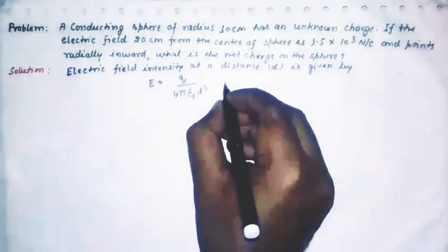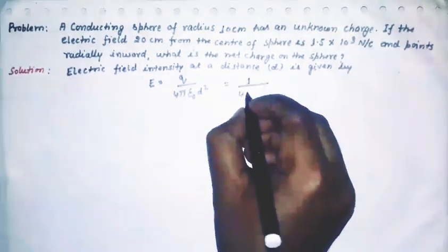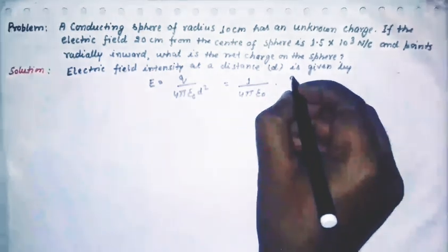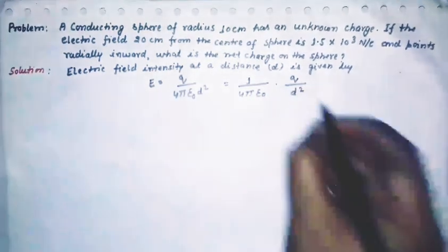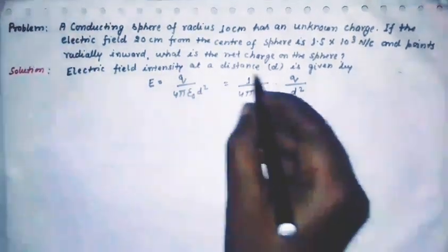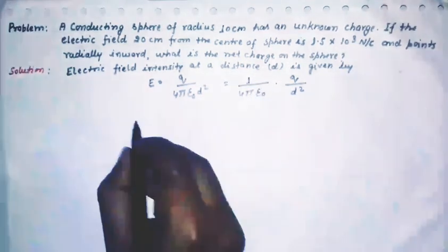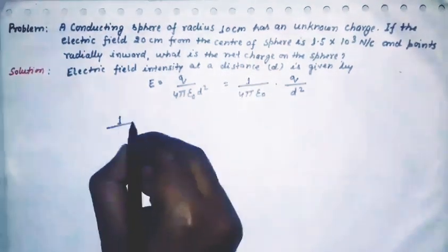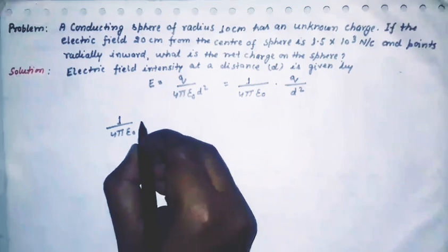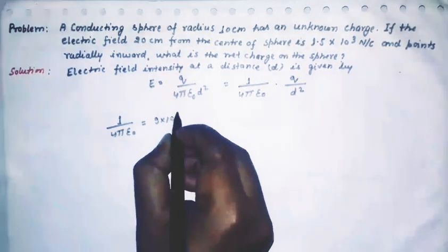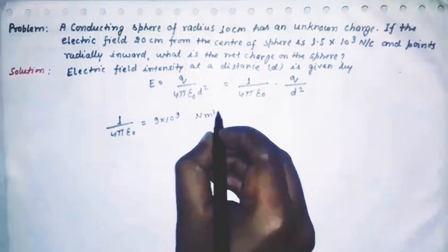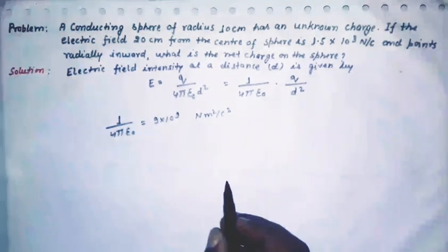So it can be written as 1 upon 4 pi epsilon naught into Q upon D square. Here the value of 1 upon 4 pi epsilon naught is equal to 9 into 10 to the power 9 Newton meter square per coulomb square.